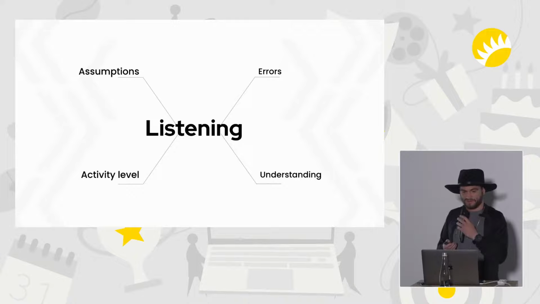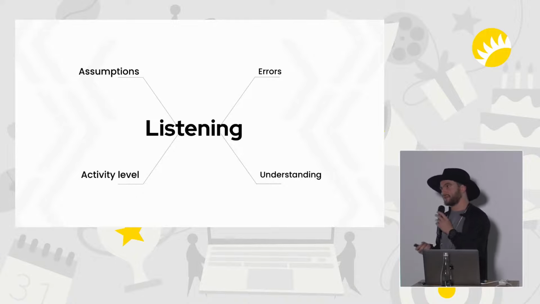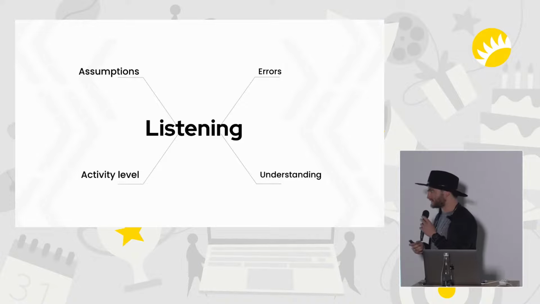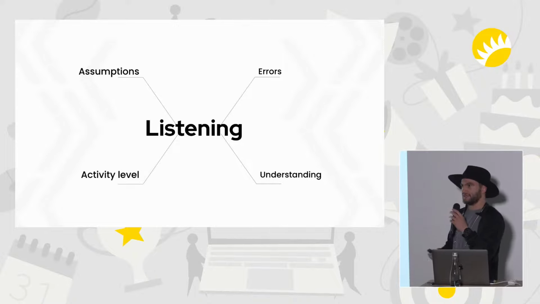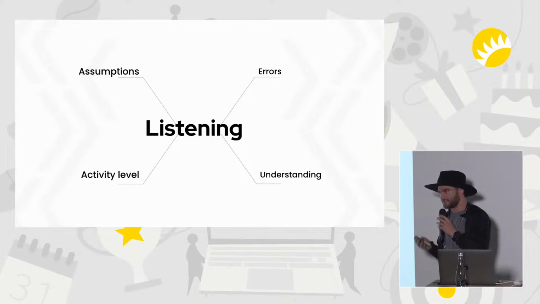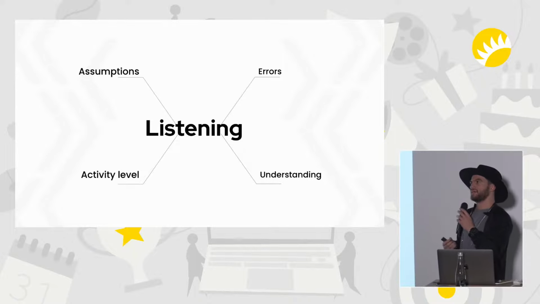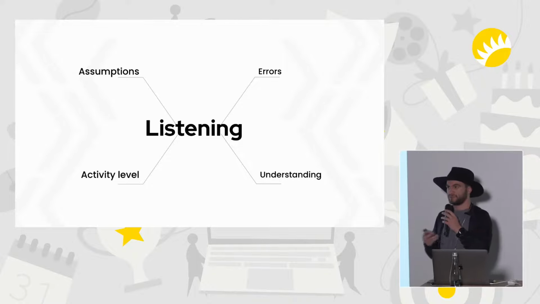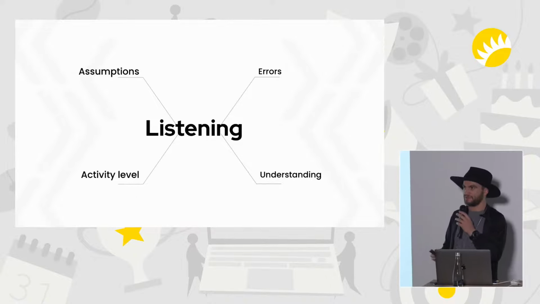So what are parts of listening? We always make assumptions, because without them it's not actually possible to communicate. We assume the meanings of words. We assume that someone's business is this and that. We assume that people are, for example, trustful or trustless. We try to categorize people, we put them into boxes, and after that we only interact.